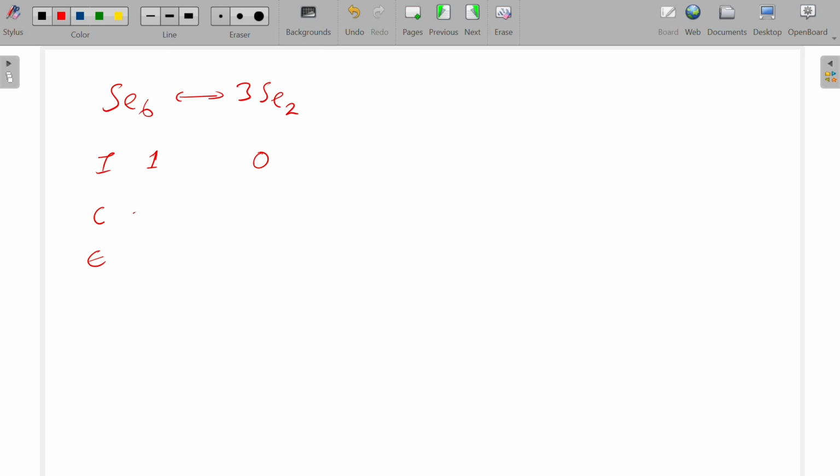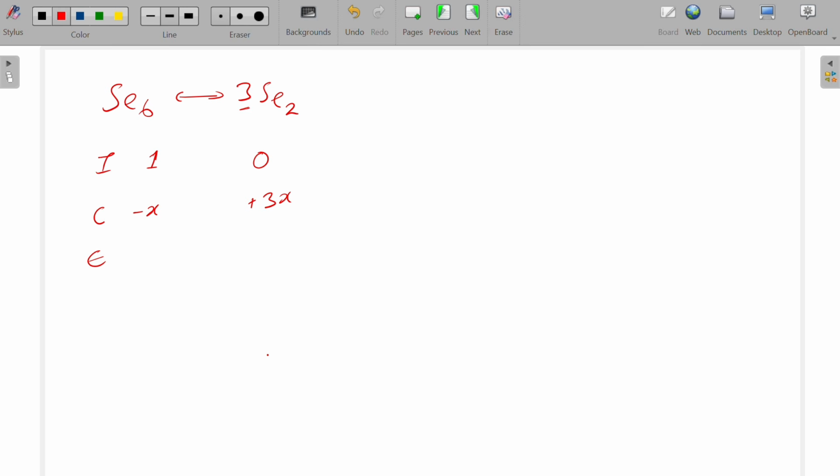Then on the change, this is going to reduce by a certain amount. We don't know, we'll call that X, and here it is going to increase by a certain amount that is also X, but it's going to multiply by 3 because we have it as a balancing coefficient there.